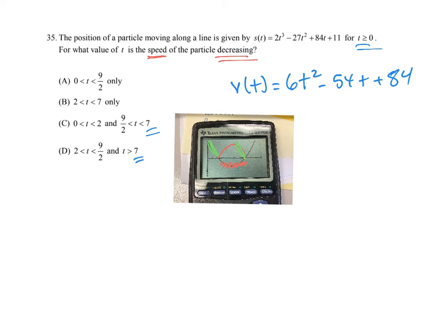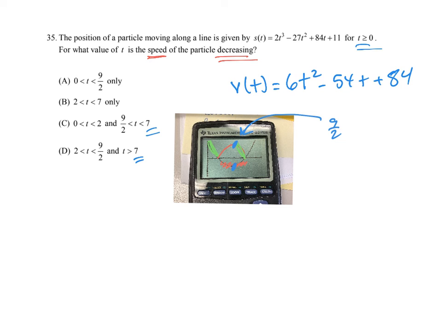So the first thing I did is I used my minimum to locate this point here, which is really this point on the speed graph. And that came out to be 4.5, which is 9 over 2. So just keep that in mind, that this point here, the x-coordinate is 9 over 2.